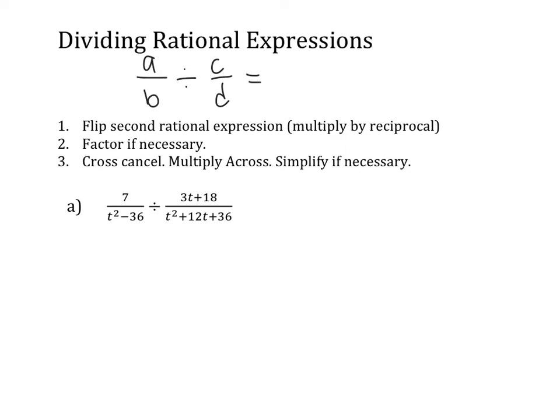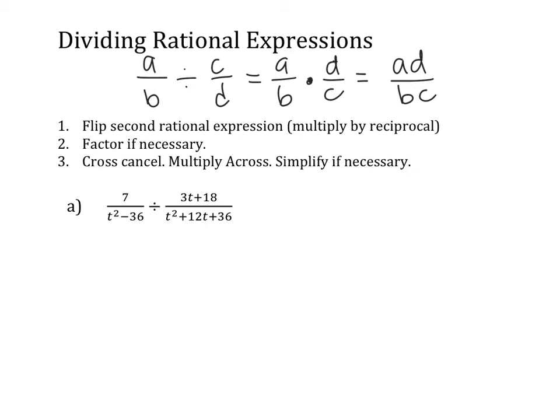So this is going to equal a over b multiplied by, I'm now changing to multiplication and flipping my second expression, the reciprocal of the second expression, so d over c. And then again, same thing, multiply across, a times d over b times c.